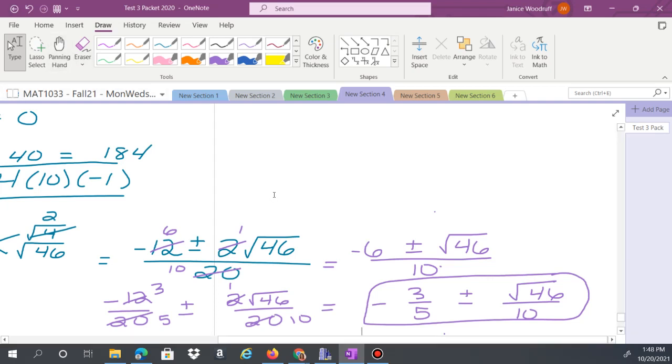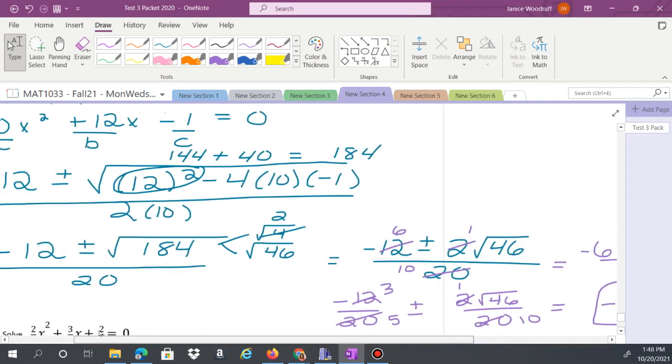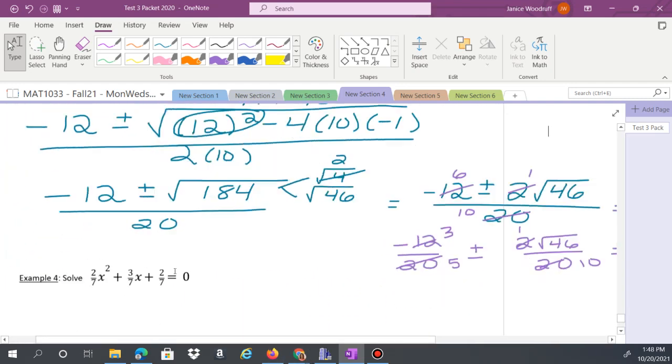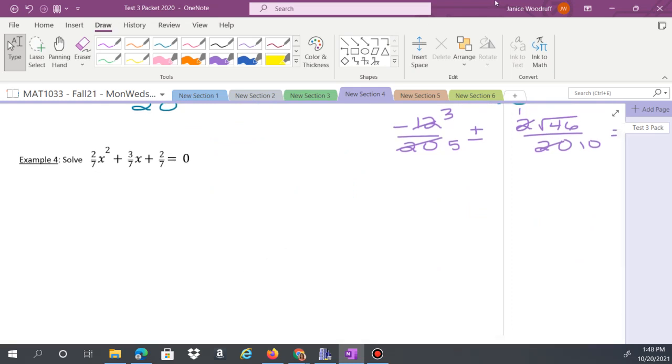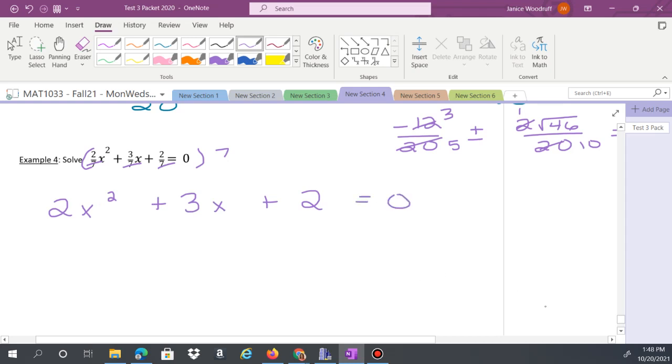All right, any questions? Let's look at this fraction one. We need to get rid of the fractions. What am I going to multiply by to get rid of the fractions? Yeah, this one's actually pretty easy because you just multiply everything by 7. It cancels out all the fractions. And 0 times 7 is still 0. So this is just 2x squared plus 3x plus 2 equals 0.